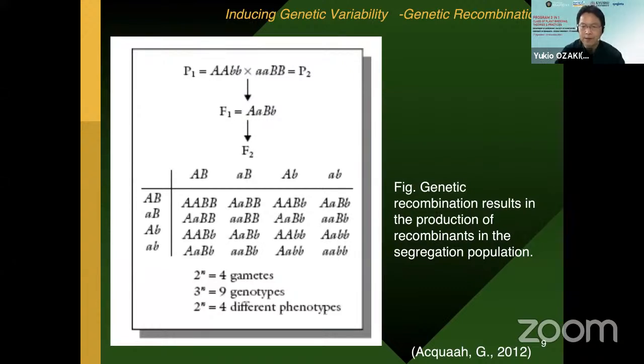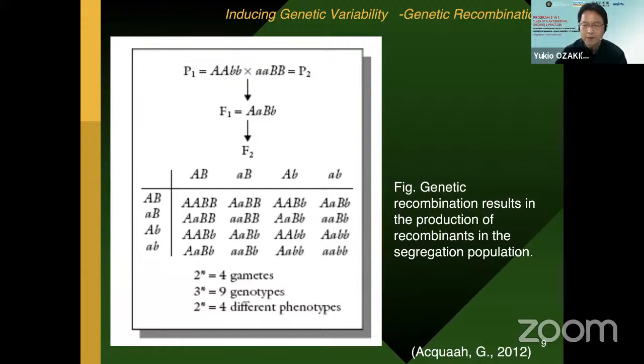A cross between them will produce an F1 of genotype Aa Bb. In the F2 generation population, according to Mendel's law, the gametes AB, aB, Ab, and ab will combine to generate variability, some of which will be old, like the parents, while others will be new, unlike the parents, as shown in this figure.